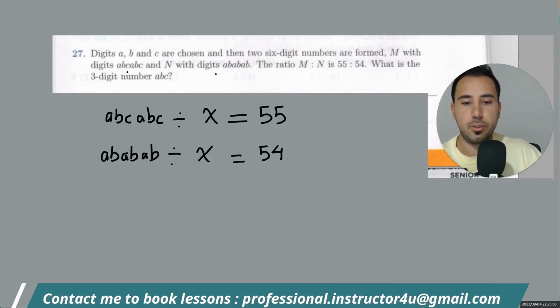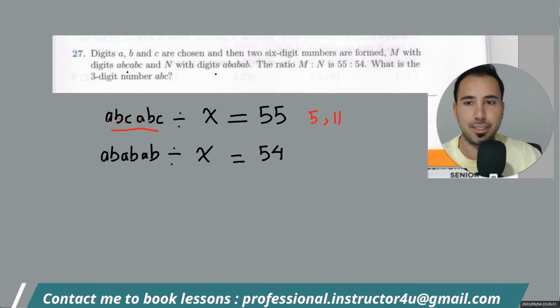Now, we could also say it the opposite way around. If ABCABC divided by X is 55, then ABCABC is also divisible by 55. So that means this number is also divisible by 5 and 11. Any number written in this format is divisible by 11, because if you add the odd-position digits, A plus C plus B is equal to B plus A plus C. So it doesn't matter what number you use.